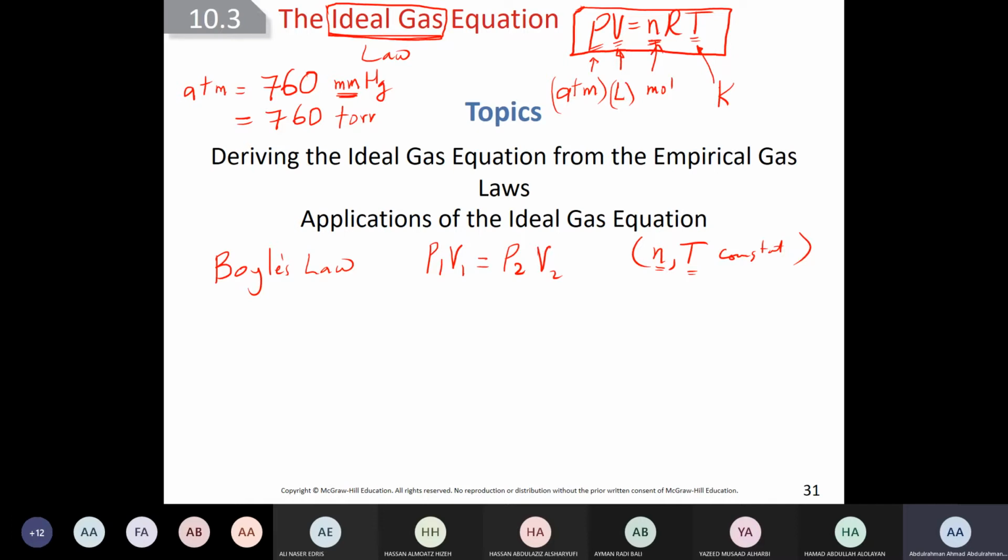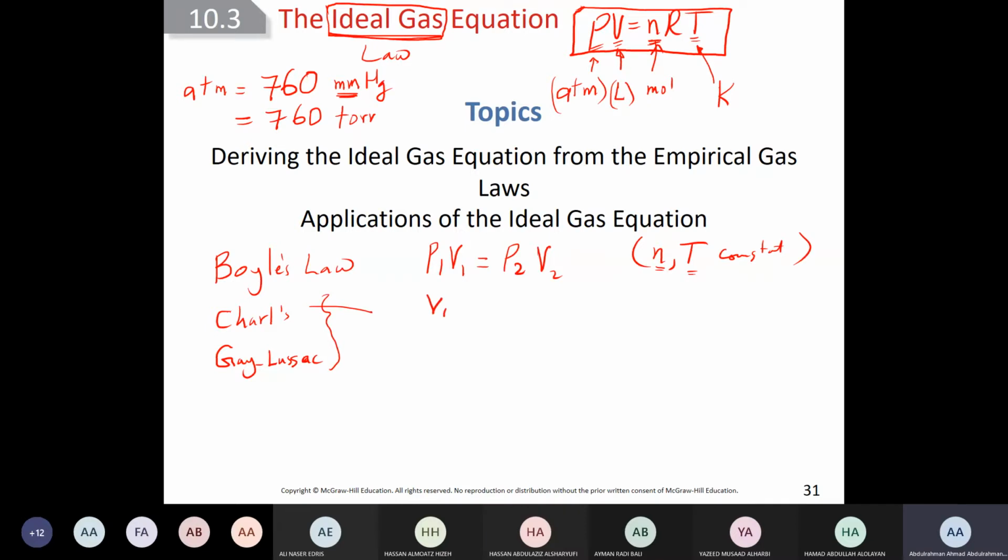Good. What's the second one? Charles' law. What's the other name? Gay-Lussac. Both of them are the same, even though some people differentiate between them. What's Charles' law?